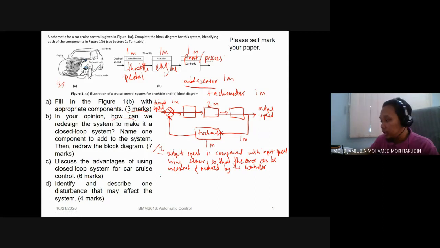The next point is that closed loop is not susceptible to disturbance or external disturbance.